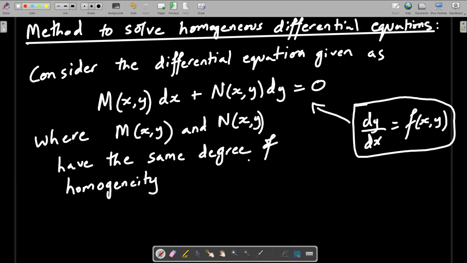Basically, in other words, M and N are homogeneous functions of the same degree. Same degree of homogeneity means both of them are homogeneous functions of the same degree.